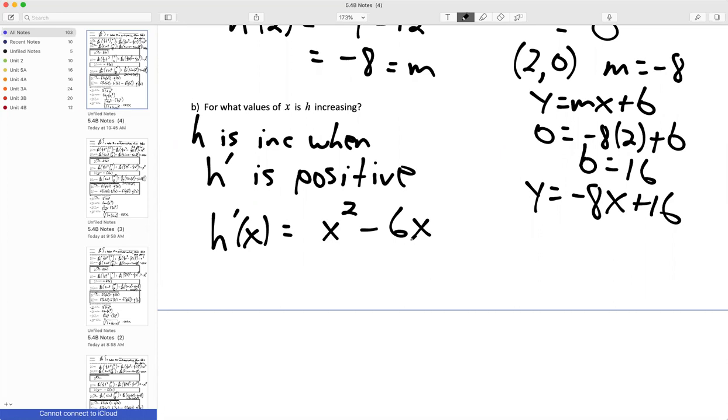How do I find the zeros? Set this equal to 0, then you take out an x. So we've got x squared minus 6x equals 0. And I need to find the critical points.